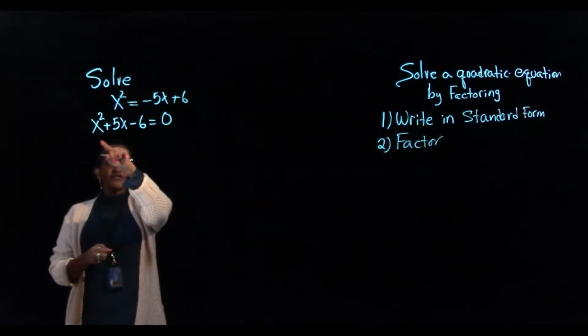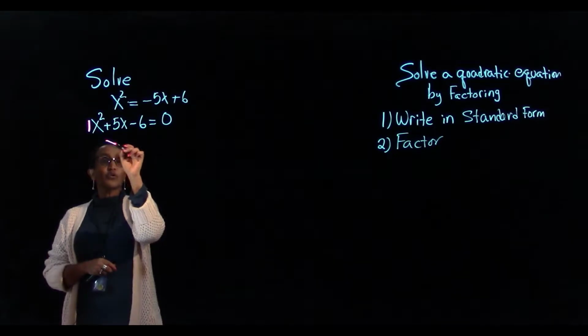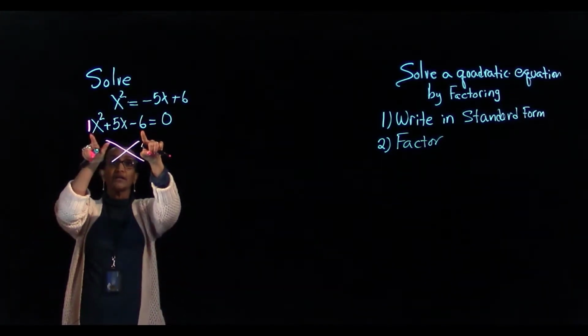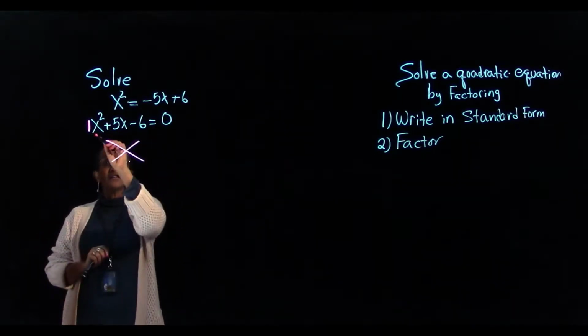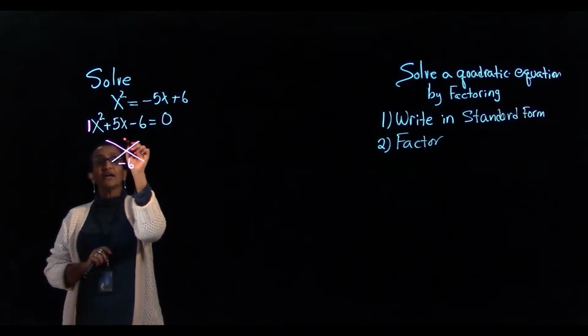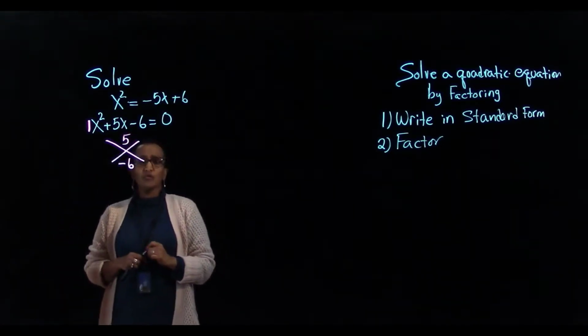To factor this trinomial of leading coefficient 1, we're going to look for two numbers that, when multiplied, will give me negative 6 times 1, which is negative 6, and that will add up to a positive 5. And what are they?